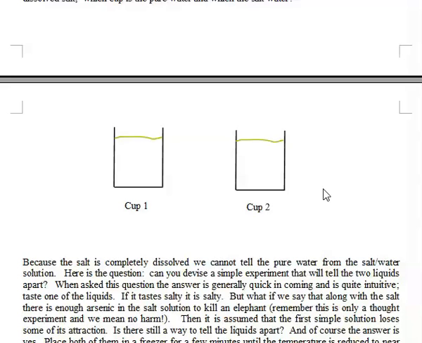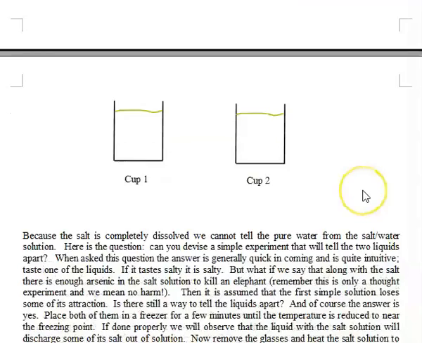Okay, so the test of tasting doesn't work. Is there another test? And here I get relatively confused expressions from everybody. There are sometimes 50 or 60 students in the class, and I get no response at all.